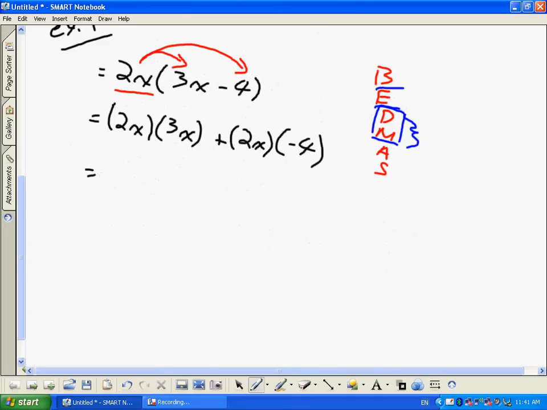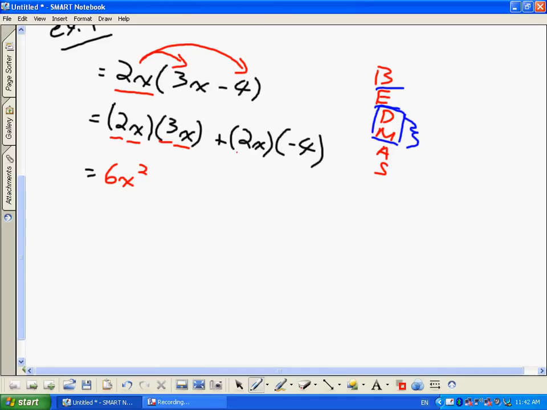So 2x times 3x. We multiply these numbers. We multiply the coefficients first. 2 times 3 is 6. Then we deal with the variables. X and x. X times x is x squared. There's our first term.